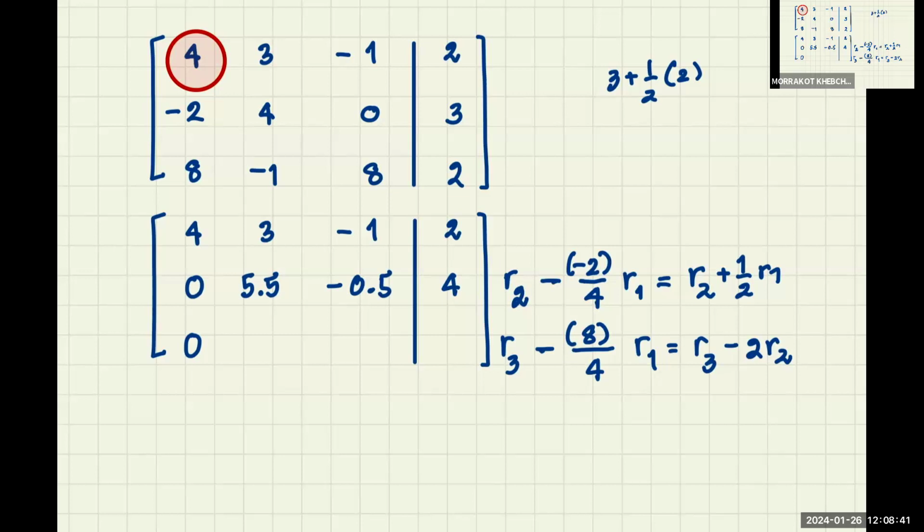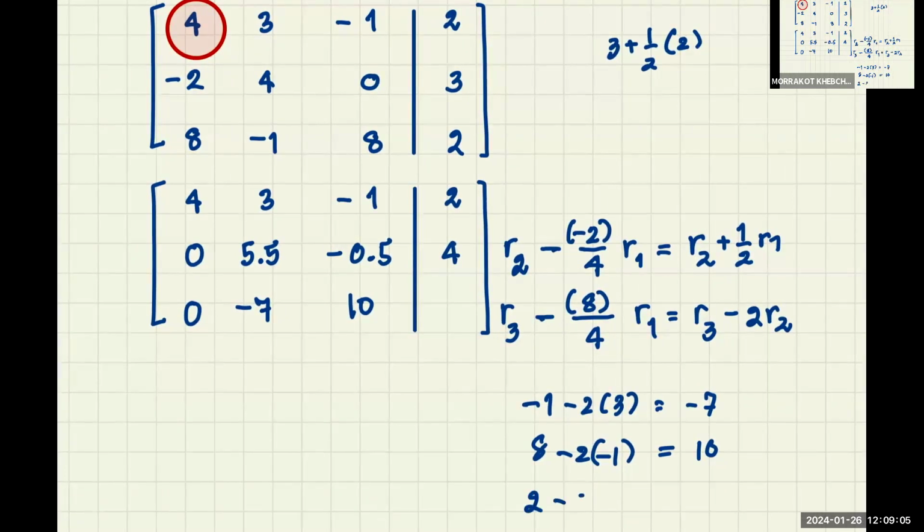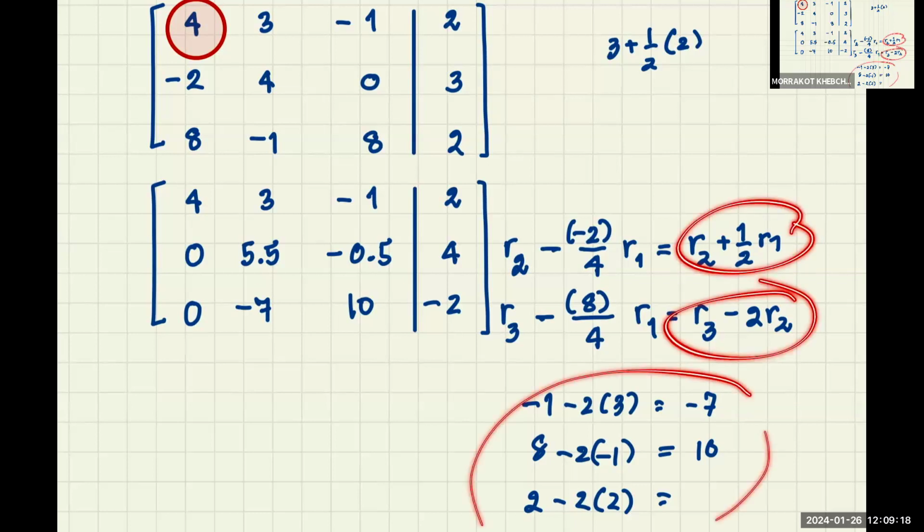The second row, R3 is minus 1 minus 2 times 3. Eight minus 2 times minus 1 is 10. 2 minus 2 times 2, minus 2. So you use the row here to do the calculation.